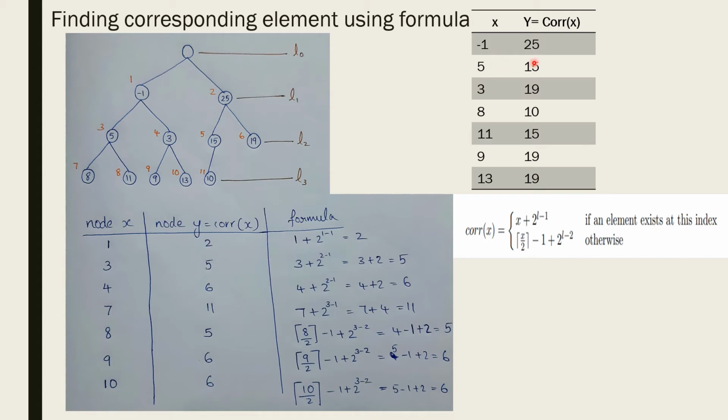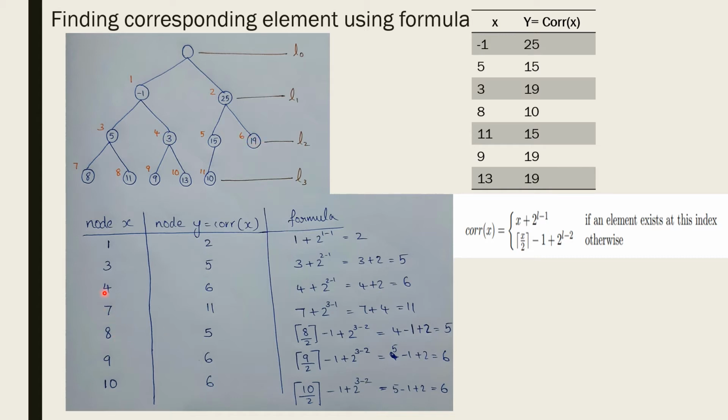Now 5's corresponding element is 15, and 5 is in node 3. So its corresponding element is in node 5. So node 3's corresponding element is in node 5. Similarly, 3's corresponding element is 19, and 3 is in node 4 and its corresponding element 19 is in node 6.